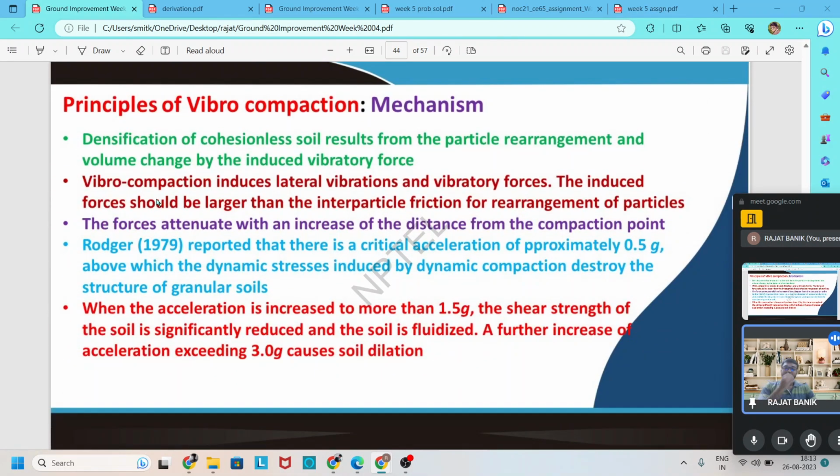So also discuss the principle of vibro compaction. Like we discussed, due to the vibration, particle-to-particle internal friction is overcome, and particles come much closer together. And we also saw that the probe creates an acceleration.